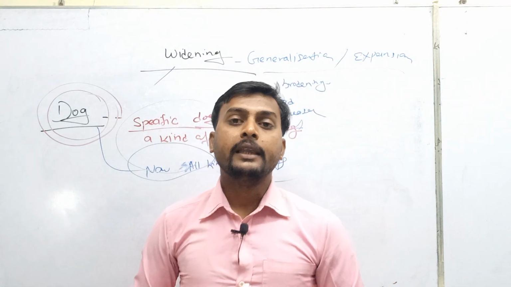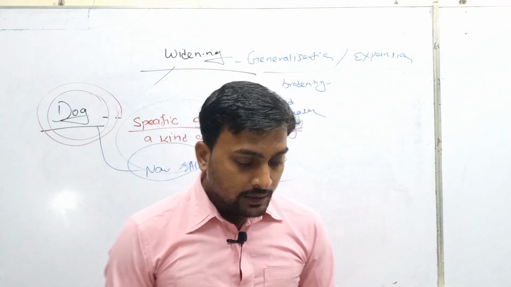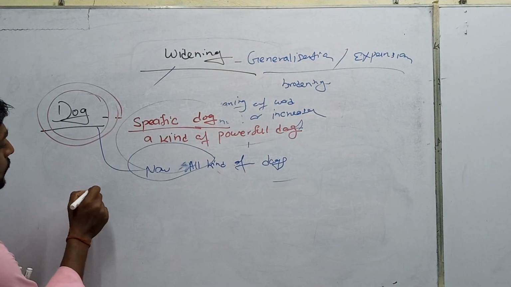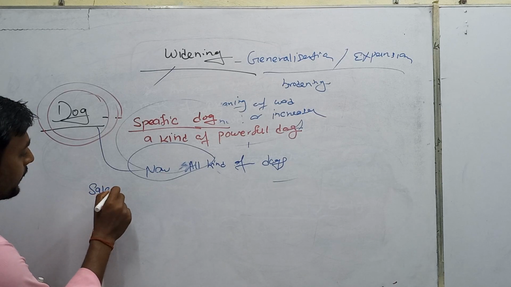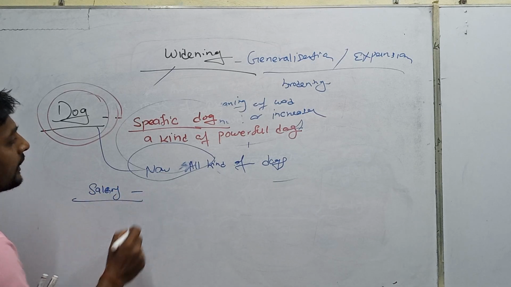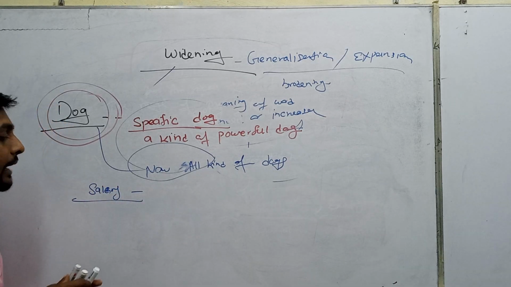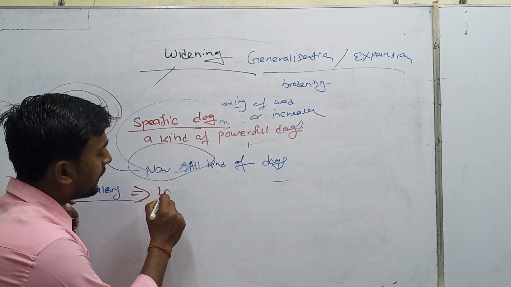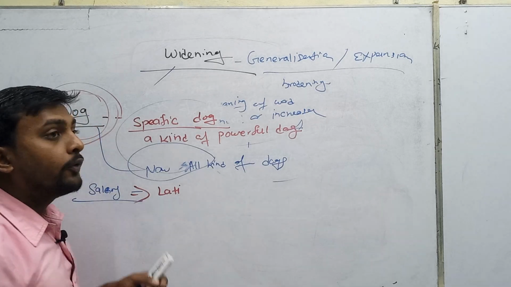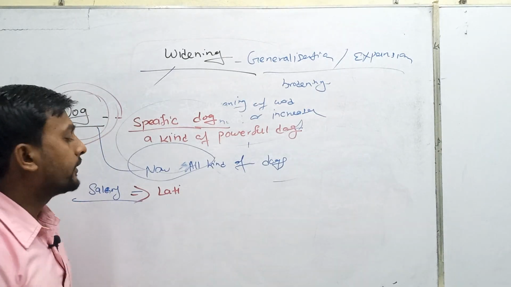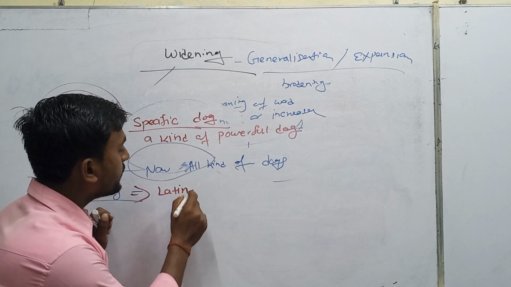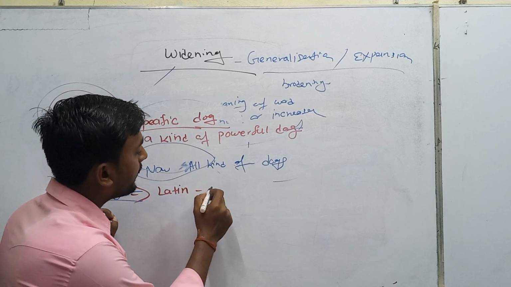When we come to another example of widening, just take celery. I hope you know celery pretty well. Celery originates from a Latin word, celerium.